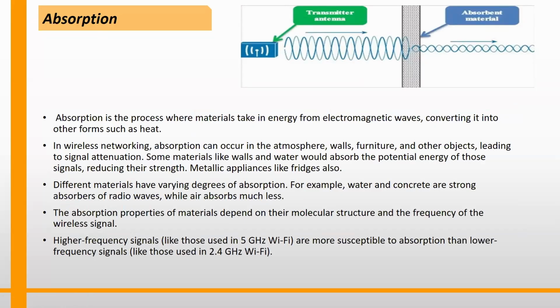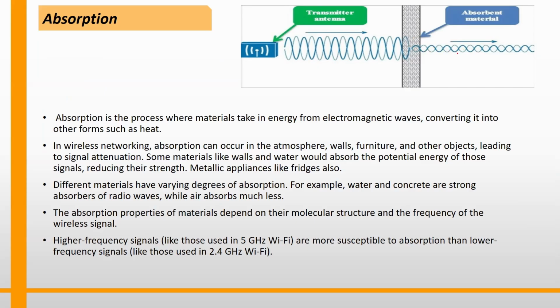Then we have the absorption. Absorption occurs when a wave loses its energy to a medium like this. Instead of reflecting, it will pass through. When it loses some energy, it will continue to travel in the same direction. Why will it travel?